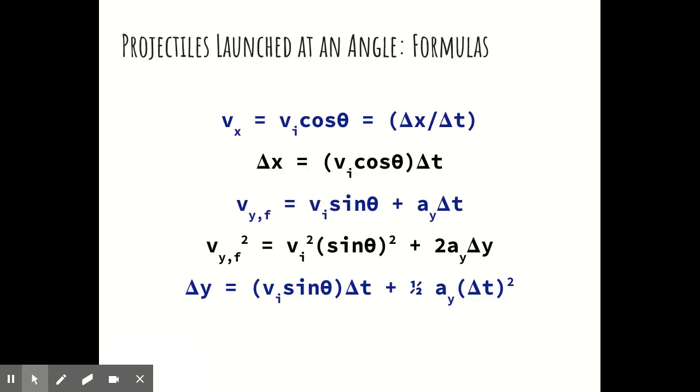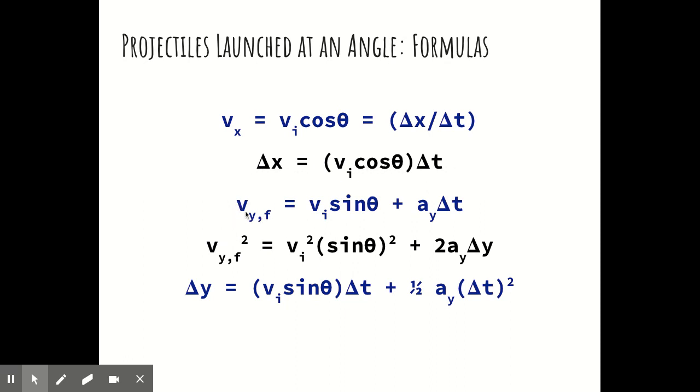Okay, so here are some formulas for you. It's a lot of the same setup we've used throughout, just using maybe some different looking variables this time around. So we have horizontal velocity. We're looking at the initial velocity times cosine theta. The horizontal distance can be solved this way.